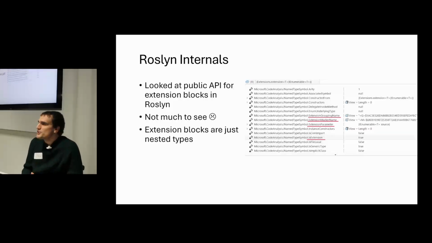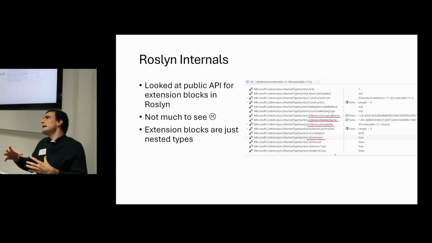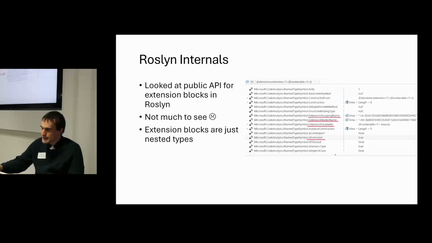It's just nested types, and if you need to find the definition for the implementation of an extension method, you have to do that yourself. You have to go through the tree of definitions and find it yourself. So that's what we had to implement.